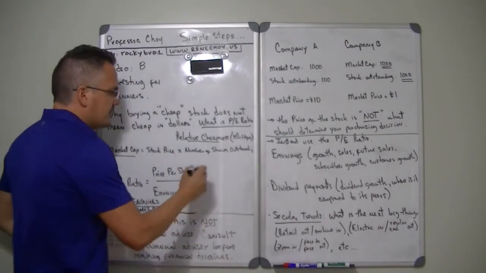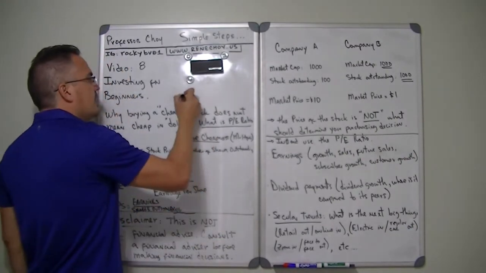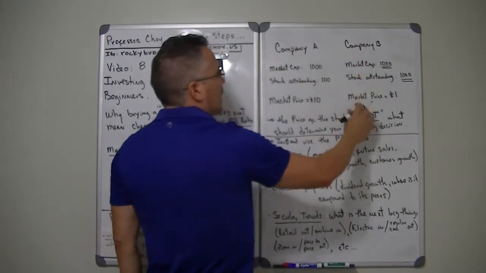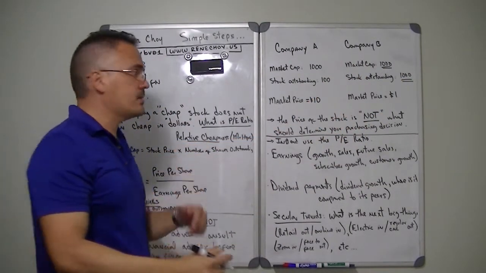So if you have, say, a similar type of company, so let's say company A and company B are in the same field and they're relative competitors.